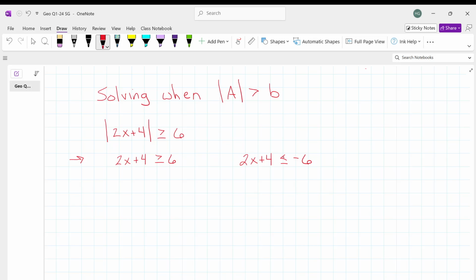Then you're just going to solve both of these inequalities. So subtract 4 from each side on the left. Get a 2x greater than or equal to 2. Divide both sides by 2. And x is greater than or equal to 1.